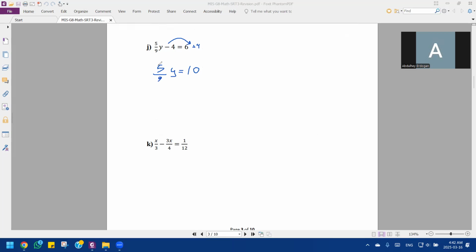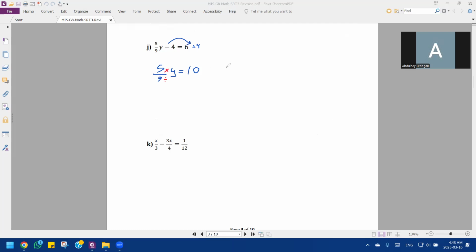Now, guys, what does that mean, 5 over 9y? It means y multiplied by 5 and divided by 9. Okay? So let's do similar to the previous question. Which one do I remove first? The division, because it's annoying. Let's remove the division.